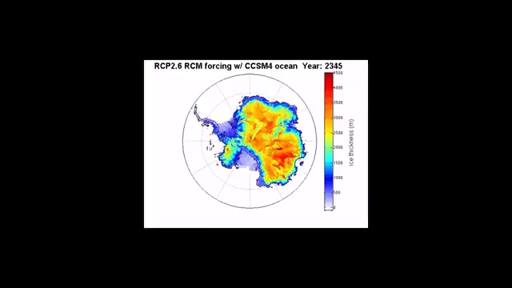And as the model keeps running, this is the year 2350, a few hundred years in the future, we're actually getting that retreat into those two deep basins in East Antarctica where the thickest part of the ice sheet is.